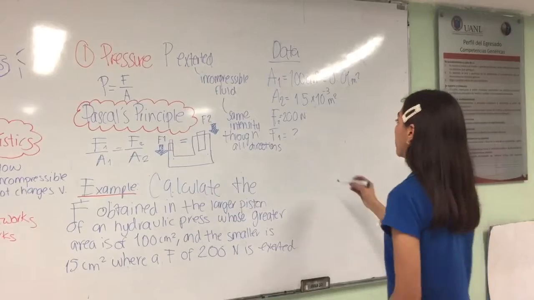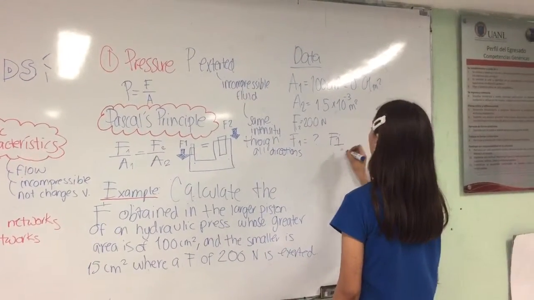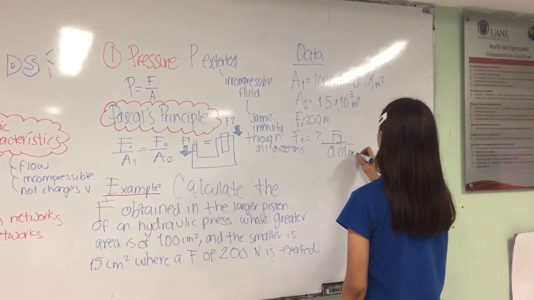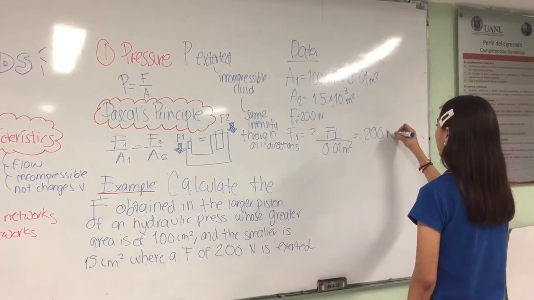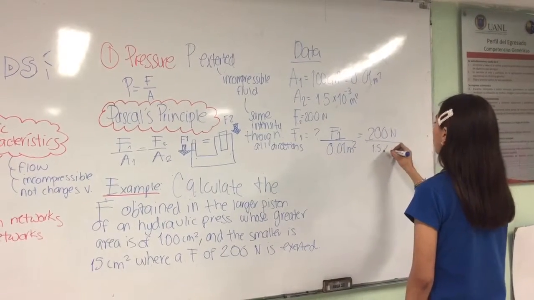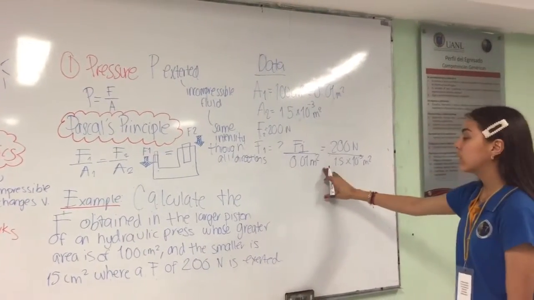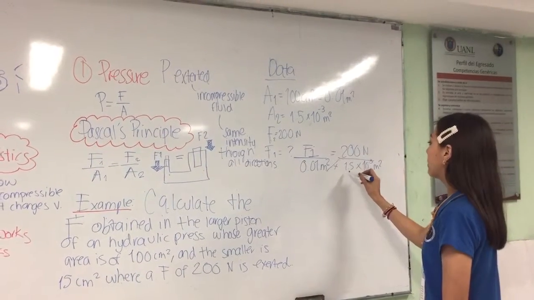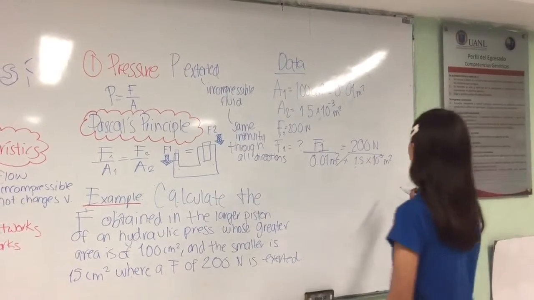is 200. So we can say that force 1, that is the one we are looking for, over area 1, that is 0.01 meters squared, equals force 2, that is 200 newtons, over the area 2, that is 1.5 times 10 to the minus 3 meters squared. So we're going to calculate this by multiplying these two and dividing the answer over this one.